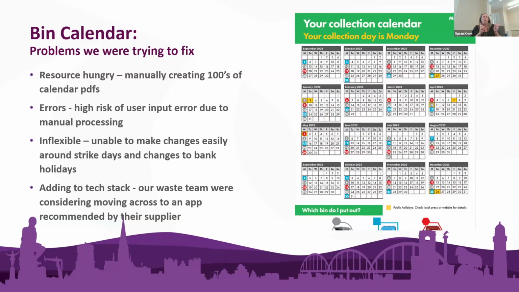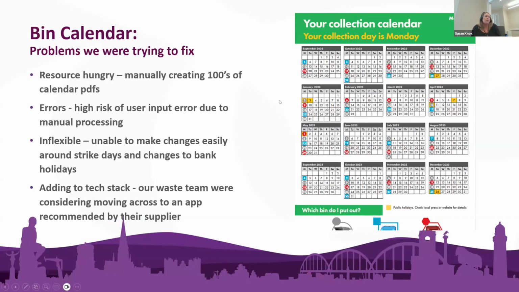However, we forgot about people going in and checking these PDFs and thinking, well, it says it's getting picked up. So there was a lot of backlash. And our waste team were about to consider moving across to an app that was recommended by their supplier for their system. We wanted to avoid that at all costs.